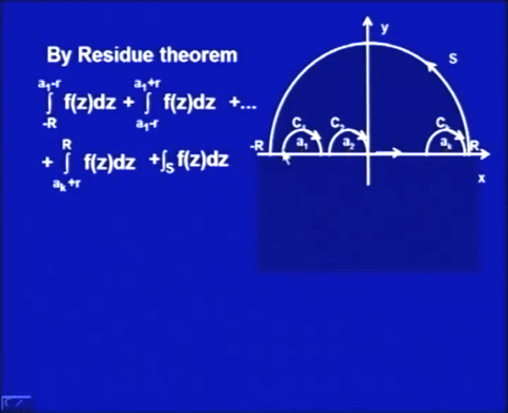Then I would write again in this form the integrals along C1, C2 and so on, adding up the integral along the path C1 of f(z) dz plus so on, up to the integral along the path C_k of f(z) dz.